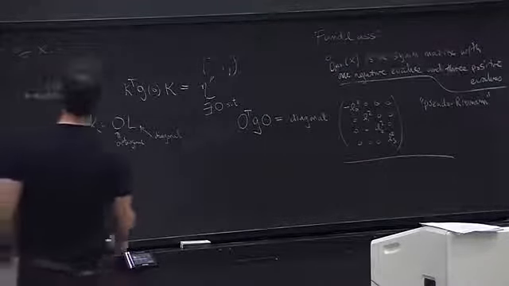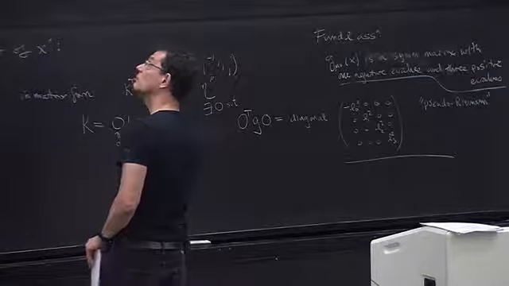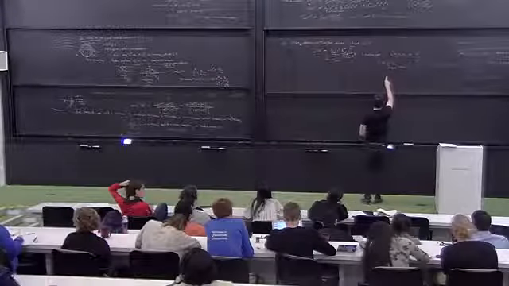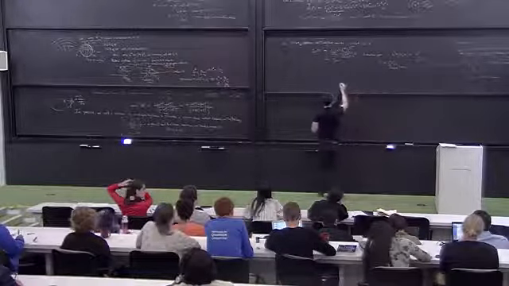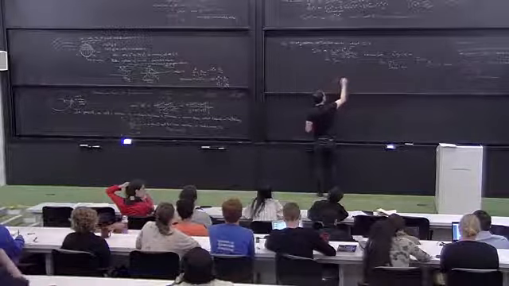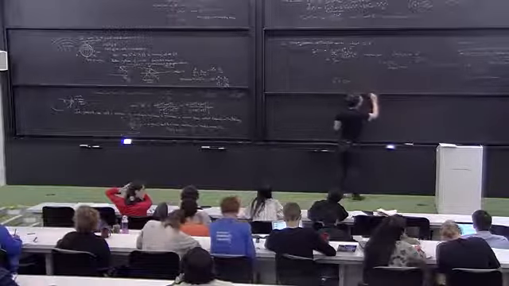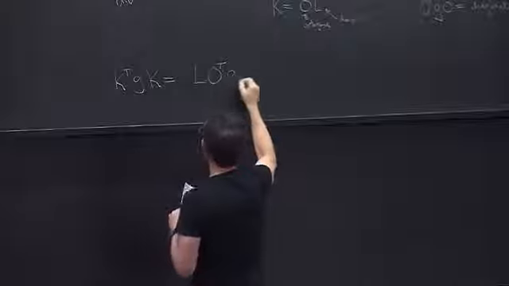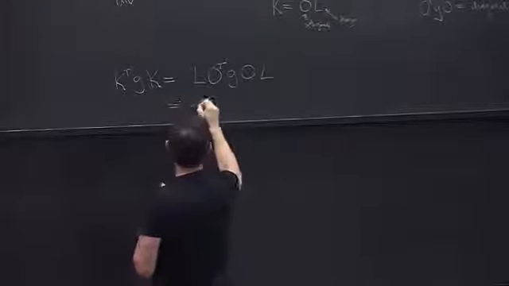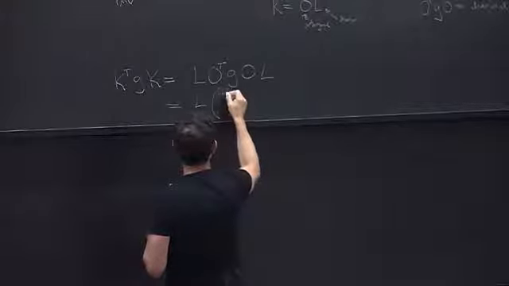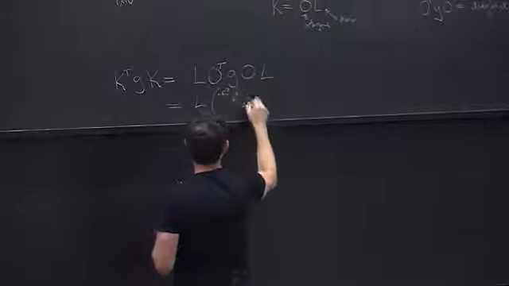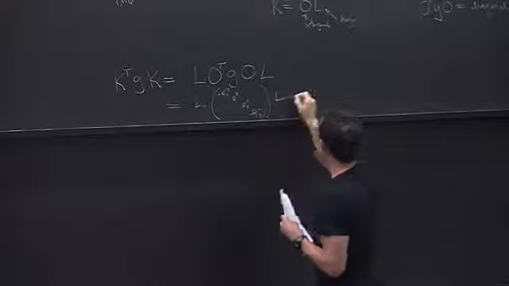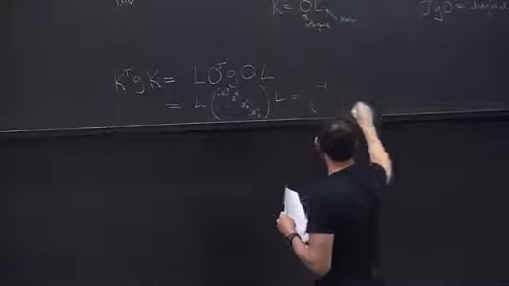Okay, so with that assumption, we still have this matrix L, so we've got K transpose G K is equal to L, the diagonal guy, times O transpose G O times L. This is equal to L, some diagonal matrix, times this L0 squared, L1 squared, L2 squared, L3 squared, times L. But these are diagonal matrices, so how do I solve this equation?